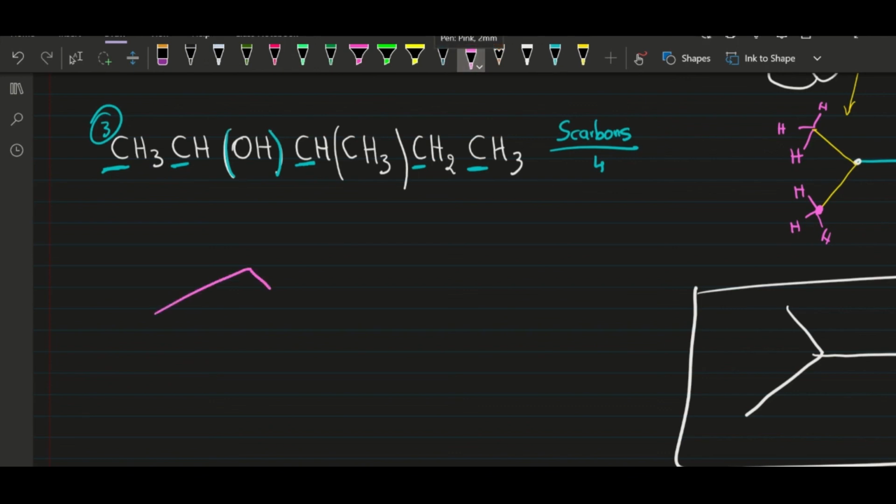Let's write 4 lines. 1, 2, 3, 4. All right. Let's look at the first carbon. It's going to be CH3, right?